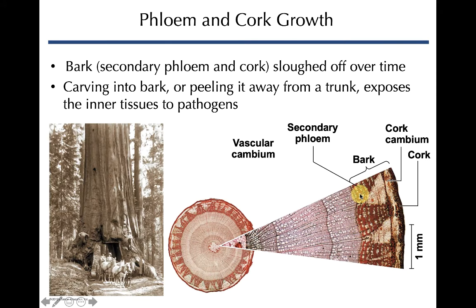The bark of a tree is not just the outside. That's just the cork, probably what you thought was bark. But really, it's the cork and the cork cambium, the stem cells there, and also the secondary phloem.